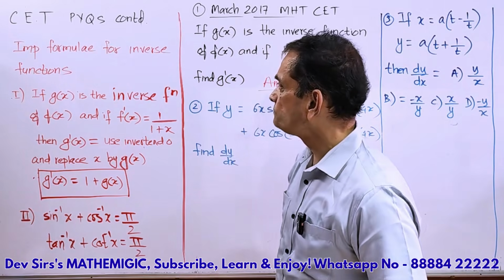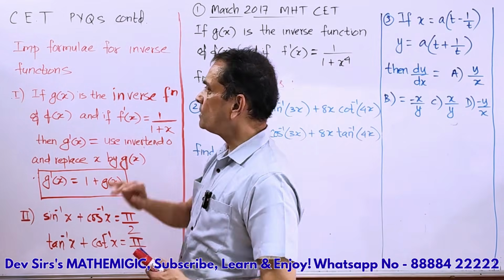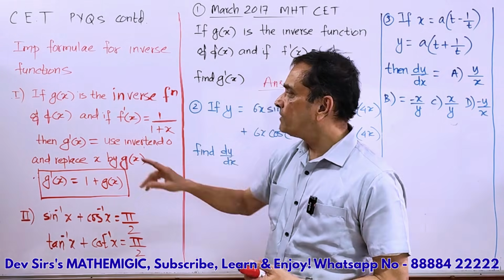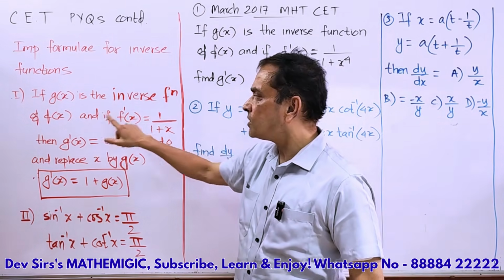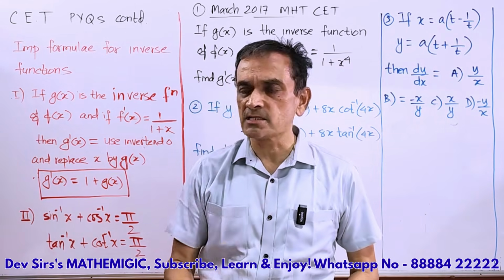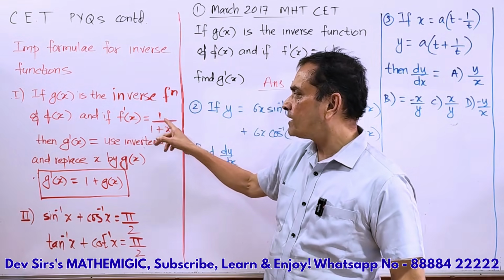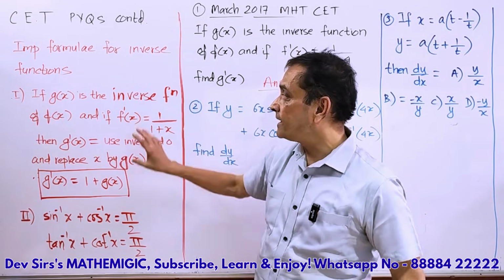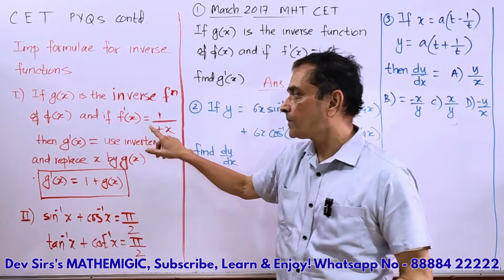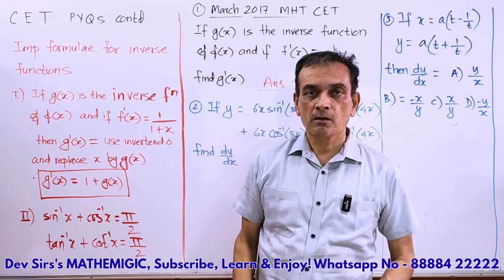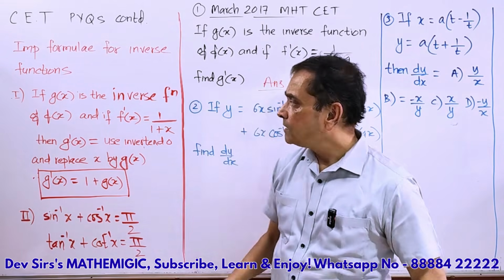See here, these are two important formulae. First is specially for CET. If gx is the inverse function of fx, and if f dash x is equal to 1 upon 1 plus x, that is derivative of fx is given, then they ask g dash x, or the other way around.